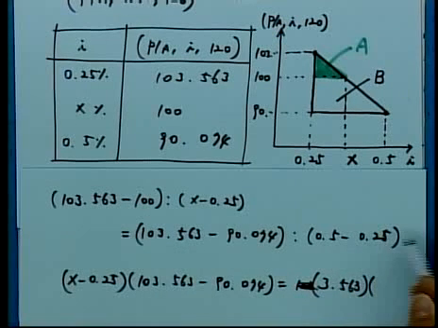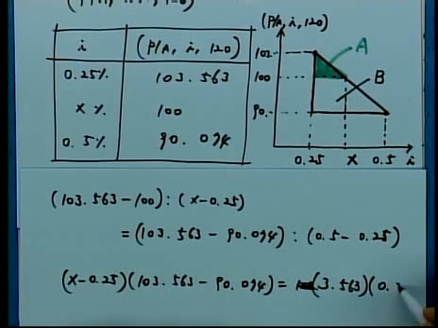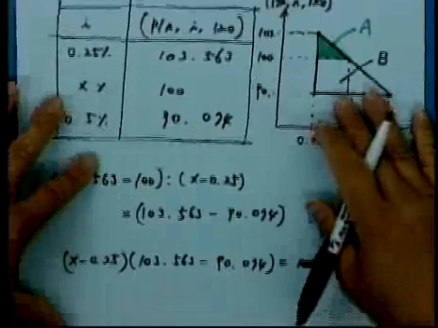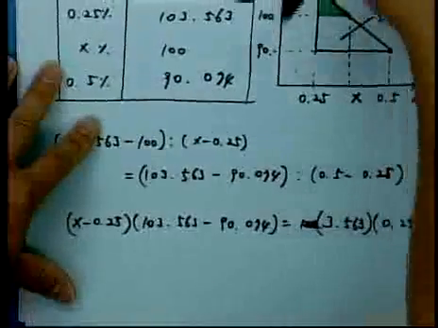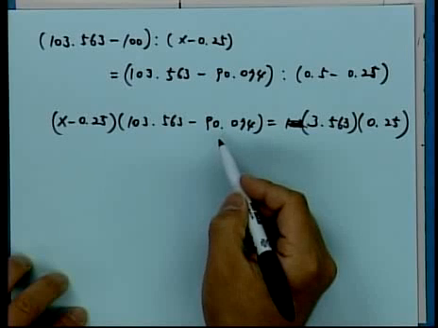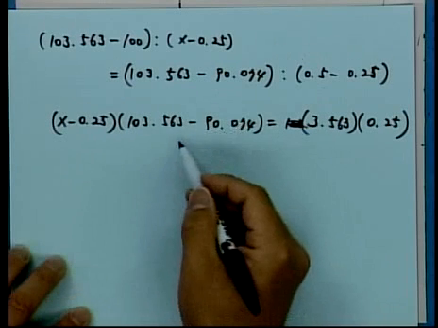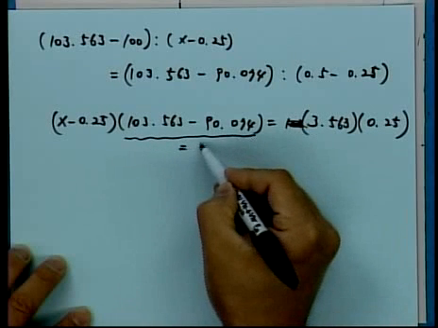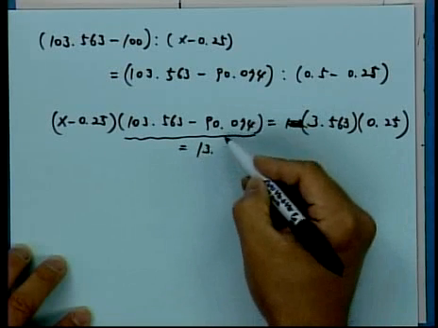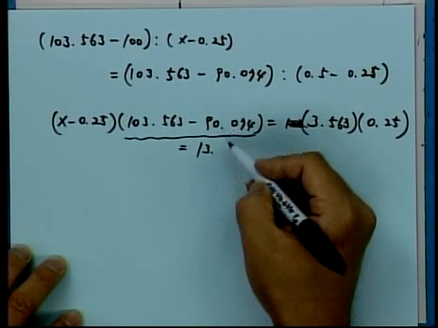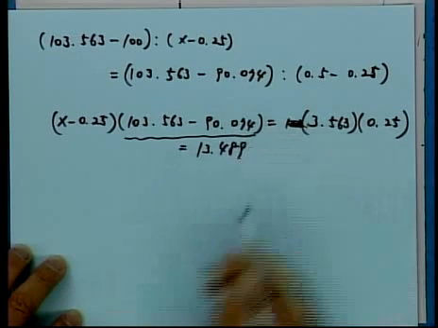And 0.5 minus 0.25 is 0.25. And what is this value? This is equal to 13.489, right? Okay.